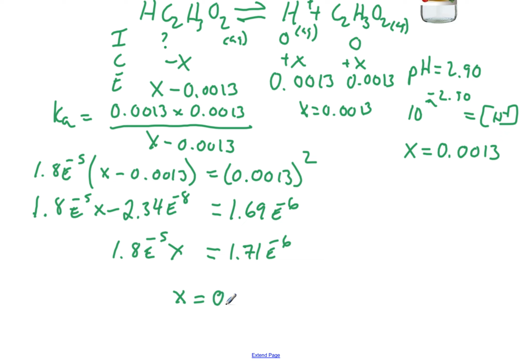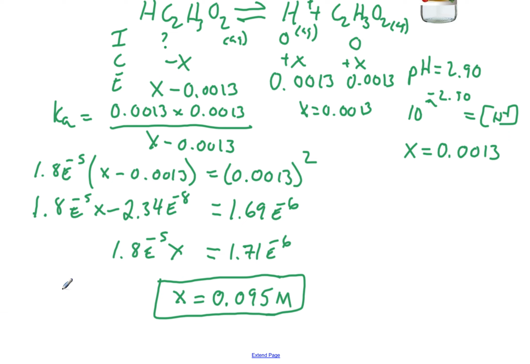I get 0.095. Now, what does that tell me? Well, that tells me that that is the initial concentration. So I got to put a unit on that. And my molarity of that acetic acid solution is going to be 0.095 molar.